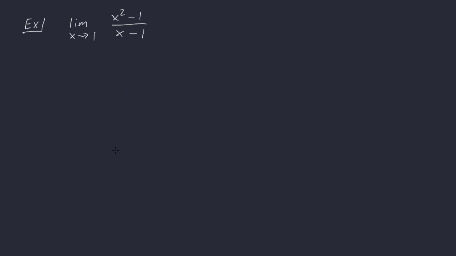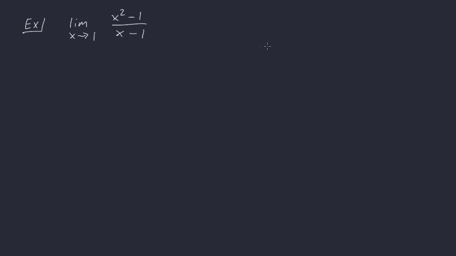All right, so let's look at this example here. We've looked at this one before in one of the previous videos. We're talking about the limit as x goes to 1 of x squared minus 1 all over x minus 1.